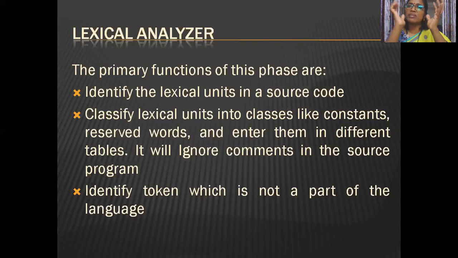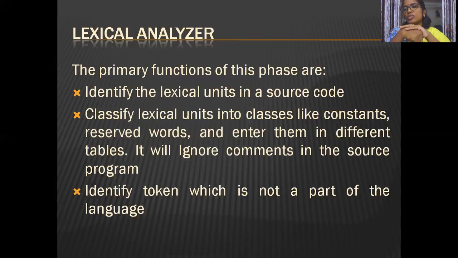Suppose you have some sort of tools, you can divide them into different things. In the same way, the lexical analyzer will divide your instruction into different tokens by giving some name to them. That means according to their name, they will be divided.